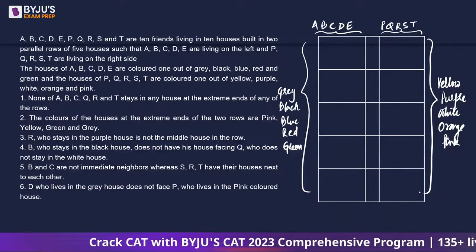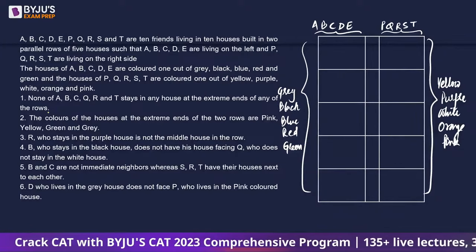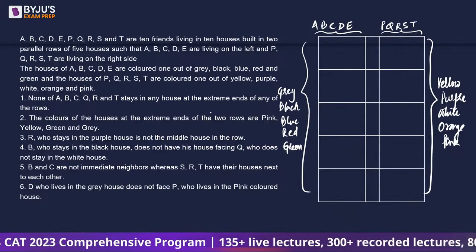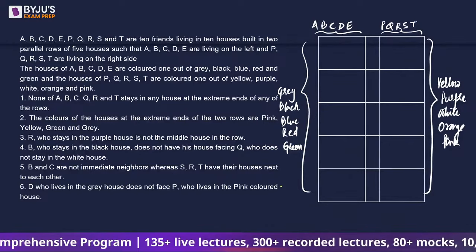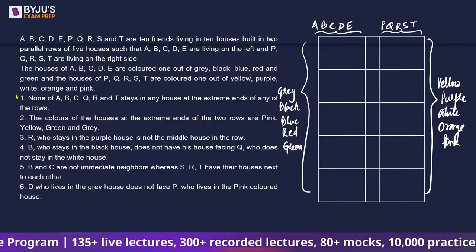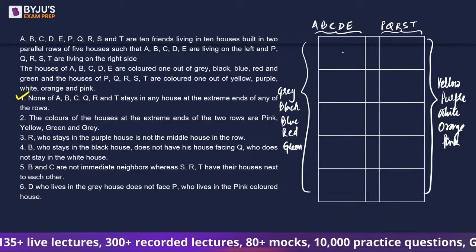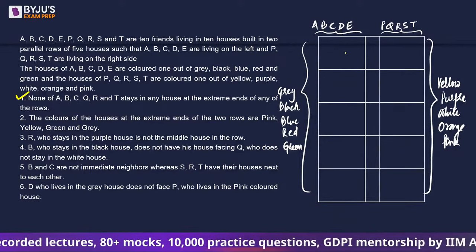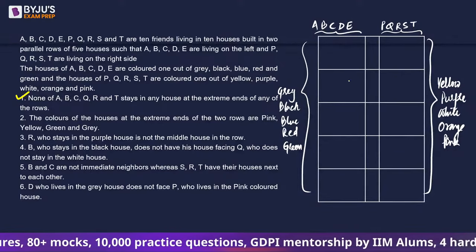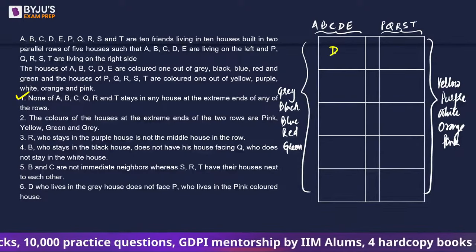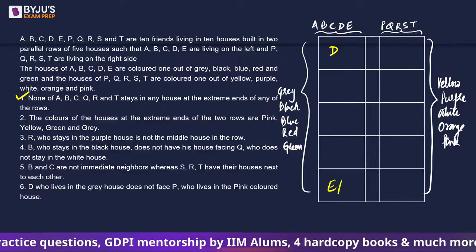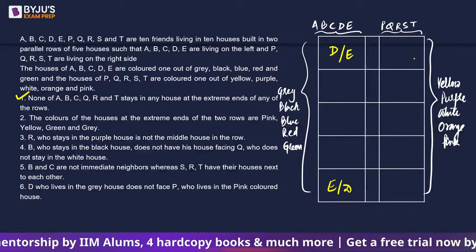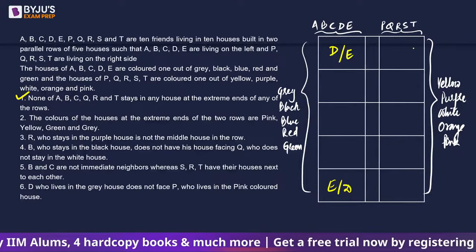Now none of A, B, C or Q, R, T stays in the house at the extreme ends of the row. So if you look at the left hand side, we are looking at the first statement. On the left hand side column, A, B, C cannot stay at the ends. So it's going to be D or E, or maybe this is D and this is E. Similarly, on the right hand side, you can't have Q, R and T at the end.